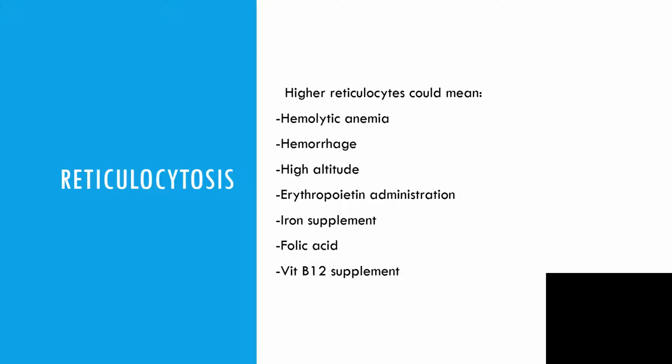The level of reticulocytes will be high. And maybe there's megaloblastic anemia, folate deficiency, or vitamin B12 deficiency, and you are giving the exogenous supplement to meet up with those deficiencies. Then when you assay your reticulocytes, it is likely going to be high.